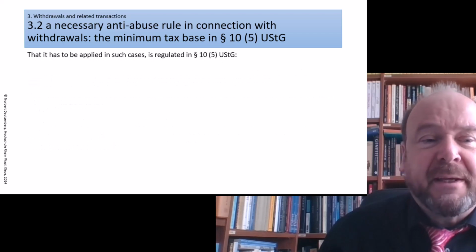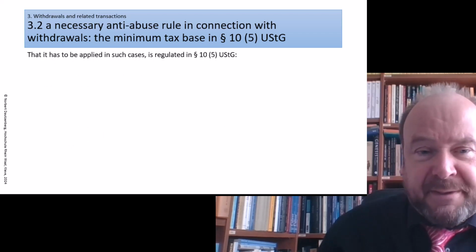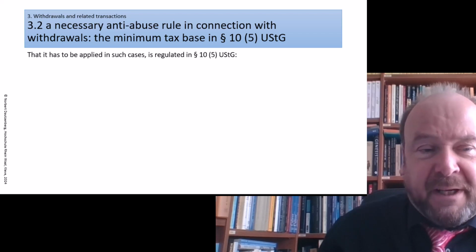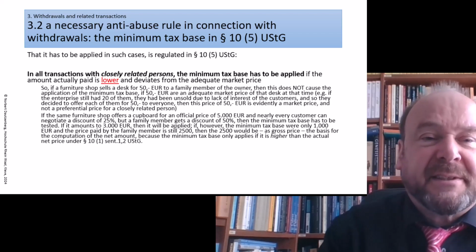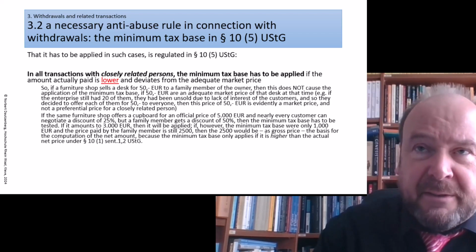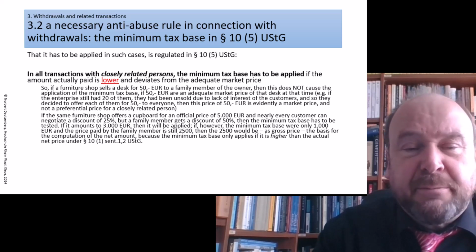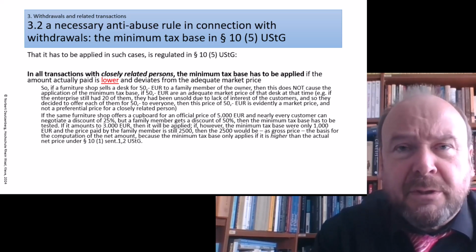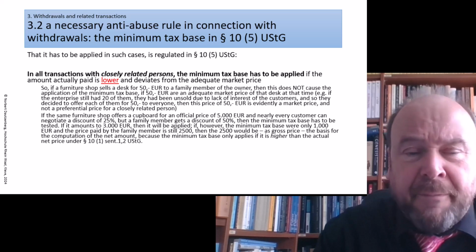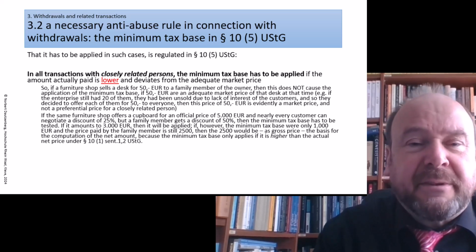That this happens can be found in 10.5. 10.5 tells us when you have transactions with closely related persons, shareholders, owners' family, and all other closely related persons.